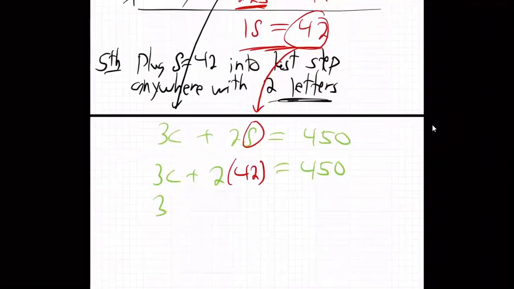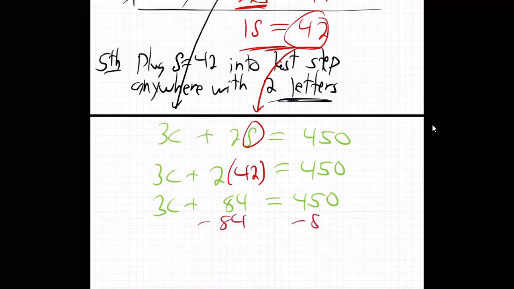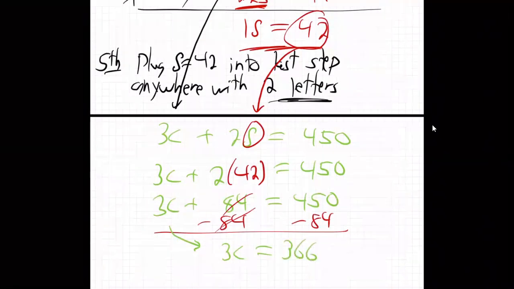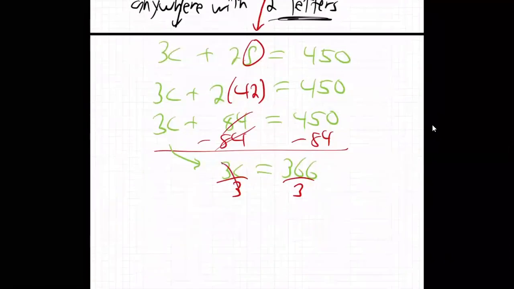Equals 450. 3C plus 84 is 450. Subtract 84 from both. Cancels out. 3C is, what is that? 450 minus 84. I'm getting 366. Divide by 3. C is 122.